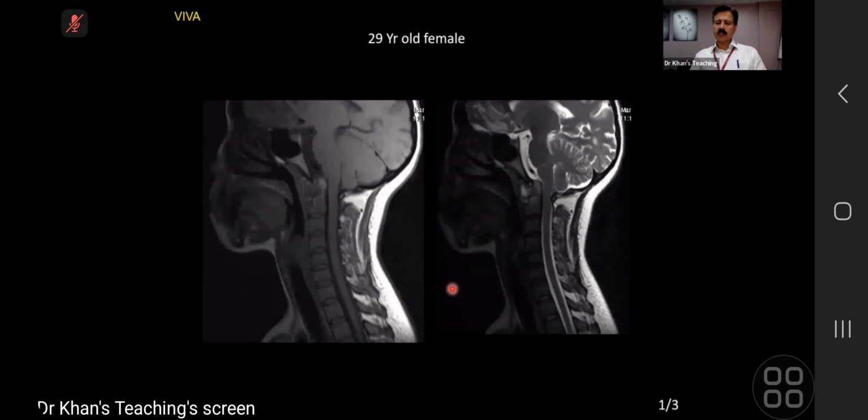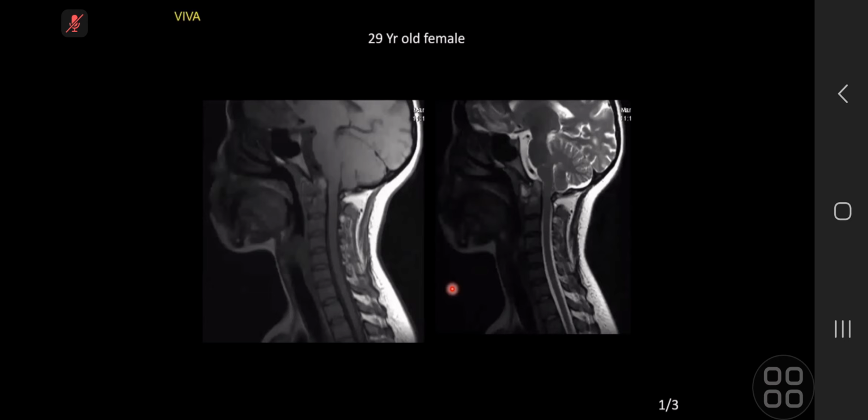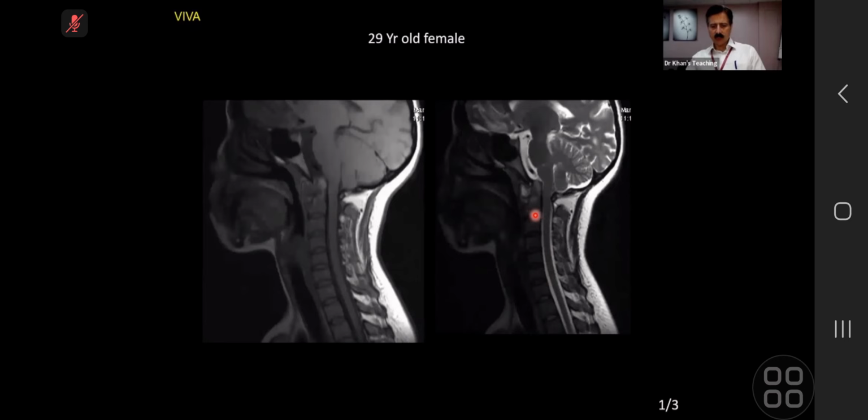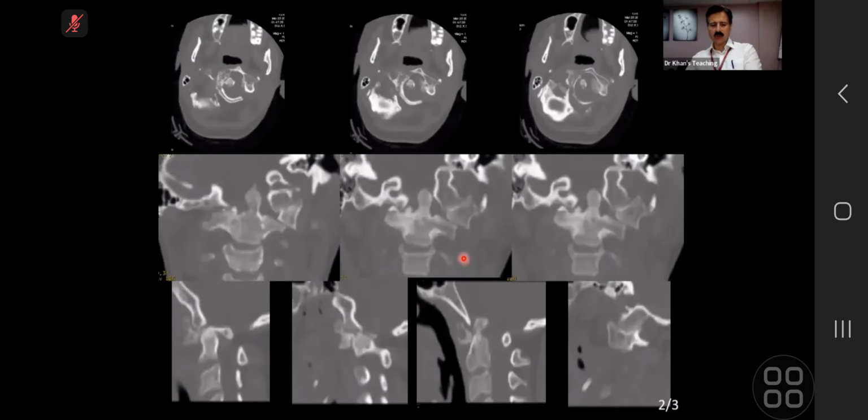Is there invagination or impaction? Yes, there is. And there is narrowing of the spinal canal too. If you see here, this has gone up. This is the foramen magnum, this is the pons, this is the medulla. It is sitting up there. And what is the cause?